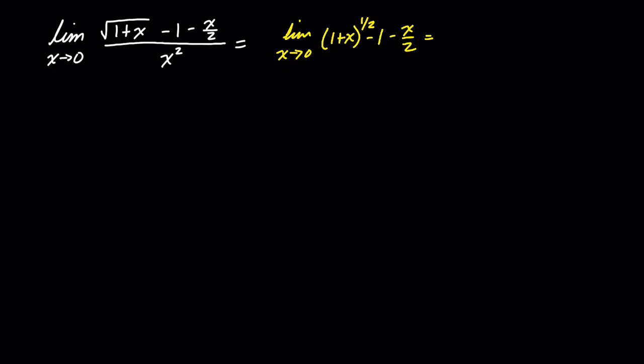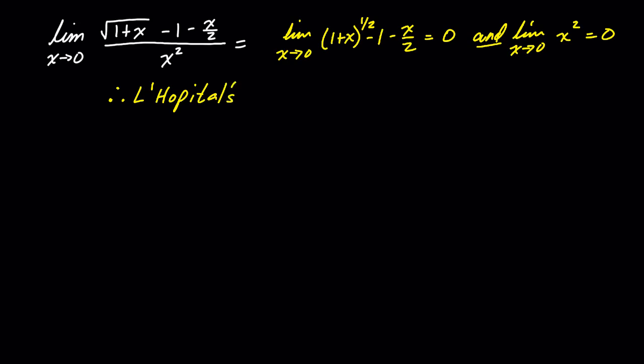If you plug 0 in, you're going to end up with 0. And if you do the same thing to the denominator, plug in 0, you're going to end up with 0. Therefore, L'Hopital's rule applies.